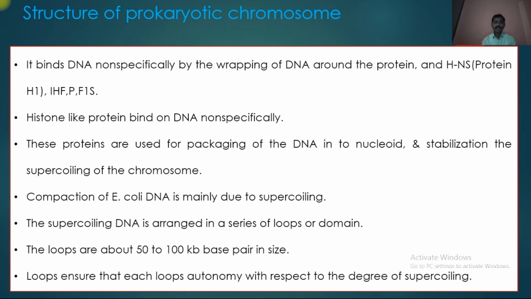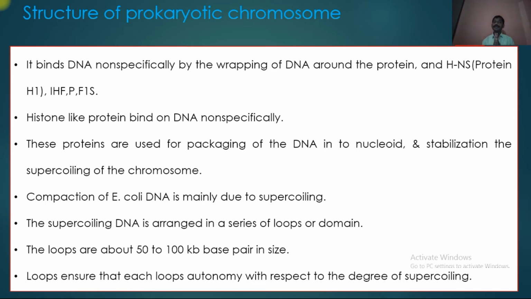It binds DNA non-specifically by wrapping DNA around the protein, and the protein may be H-NS, protein H1, IHF protein, or others. These proteins are present in the prokaryotic chromosome. Histone-like proteins bind DNA non-specifically, and are used for packaging DNA into the nucleoid and stabilizing the supercoiling of the chromosome.